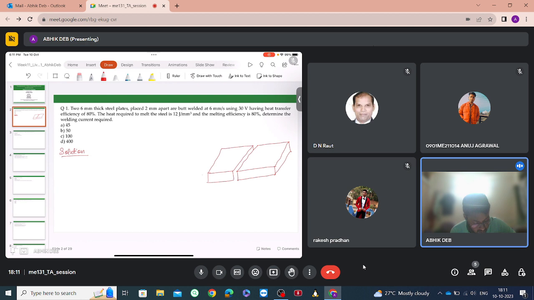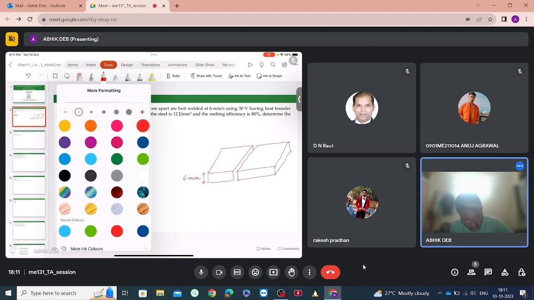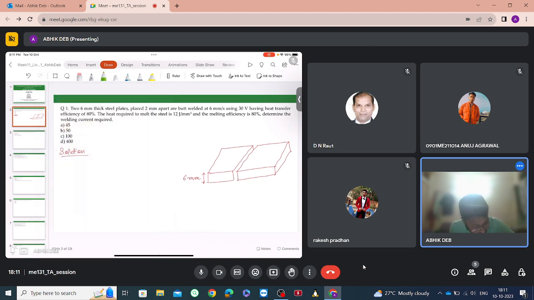The thickness of the plates is 6 mm each, and they are placed 2 mm apart. That is, this gap is 2 mm. Now they are butt welded at 6 mm per second.